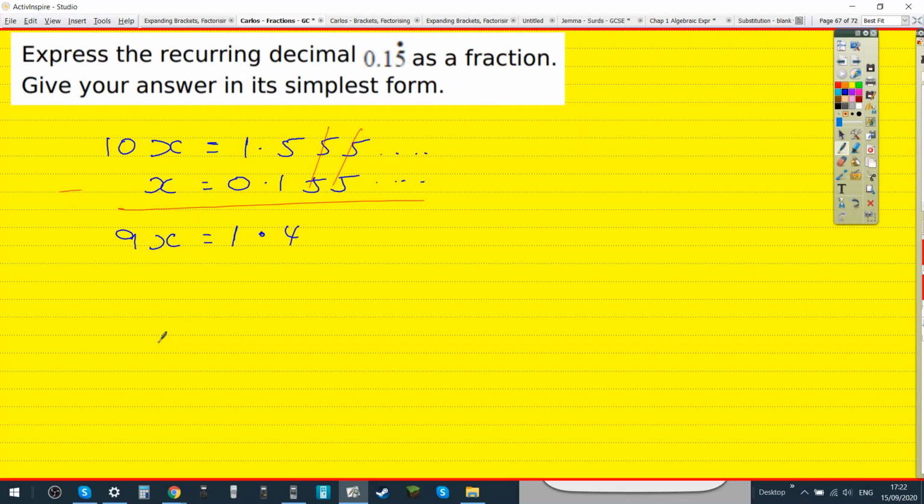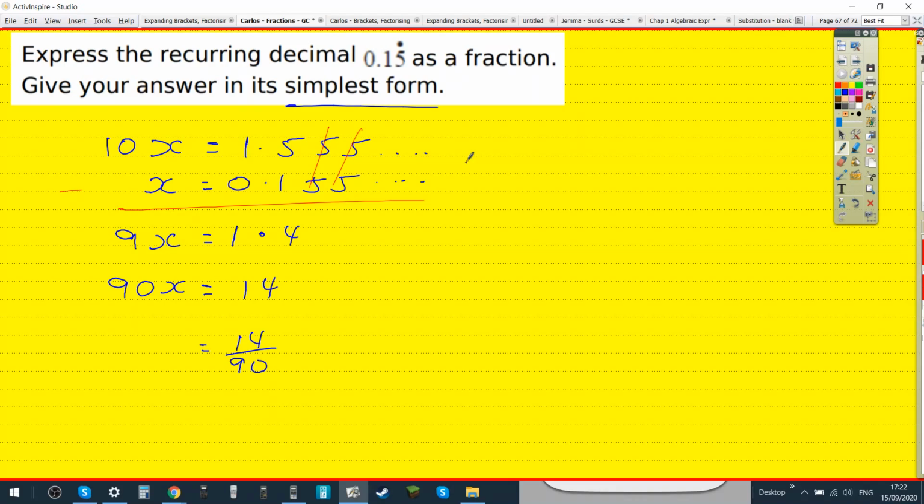Mm-hmm. So to make it a fraction, you turned 1.4 to 14 and 9 to 90. So final answer? The final answer is 14 over 90. That's it. And actually, they want it in its simplest form.